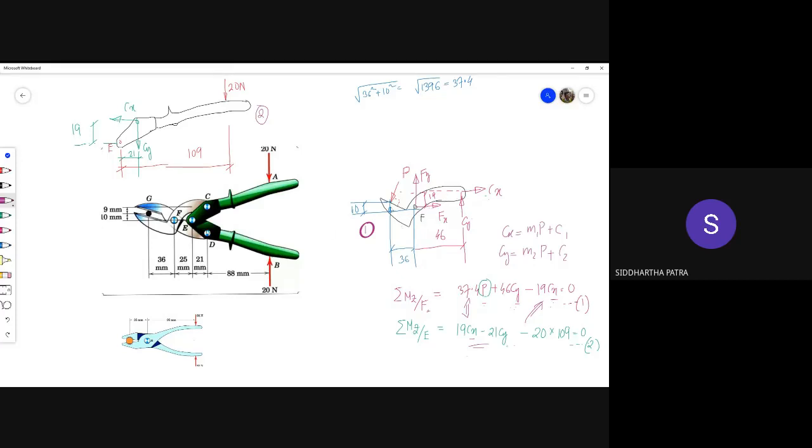And actually, I can tell you that for the second body also, I don't need the free body diagram of GFD as well.